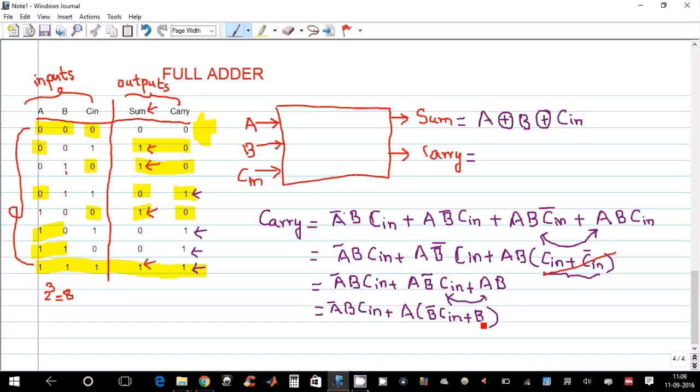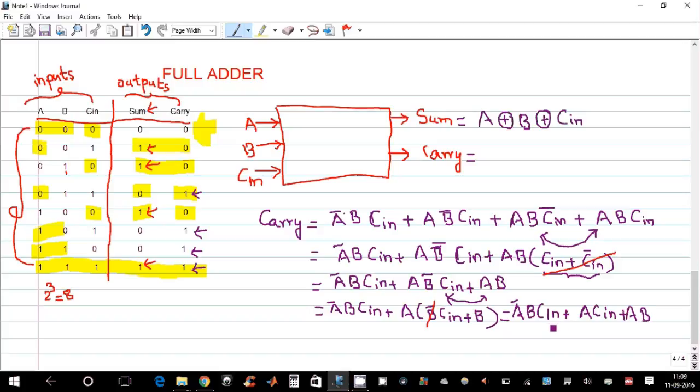If B is here and its complement is there, the remaining part of B is 1, and obviously 1 into anything is 1, so actually we can ignore this B bar. This is one important optimization that we have seen in the second chapter. So this will result in A bar B C in plus A into C in plus AB.